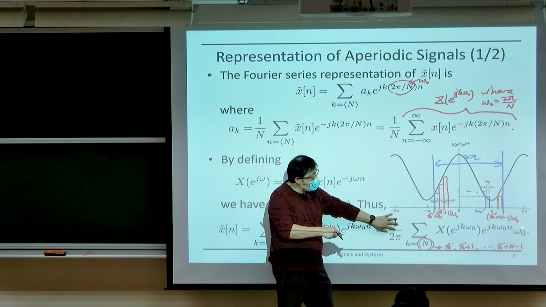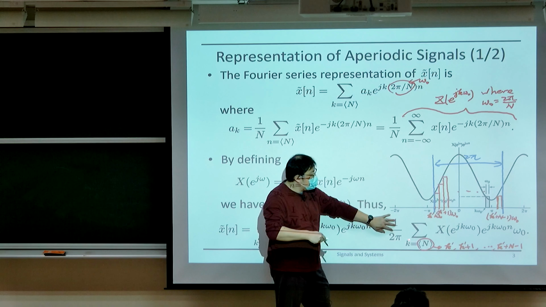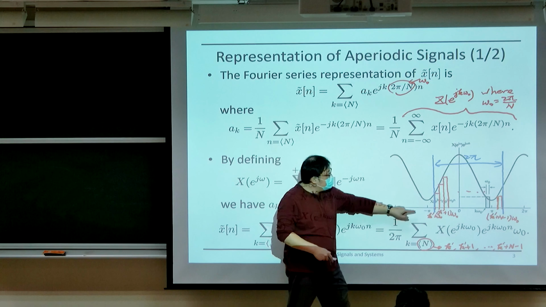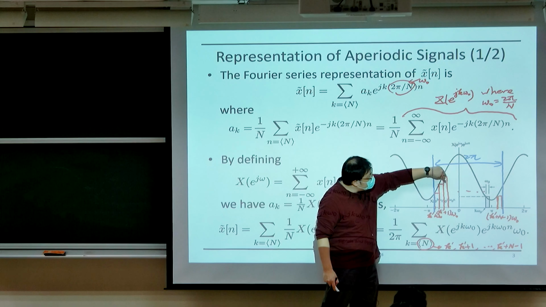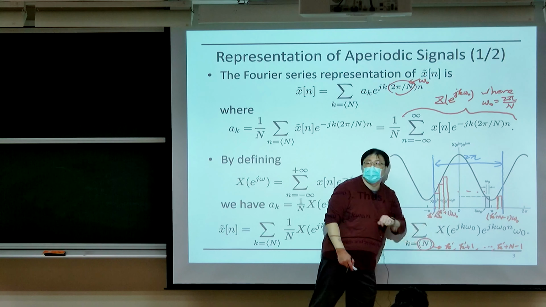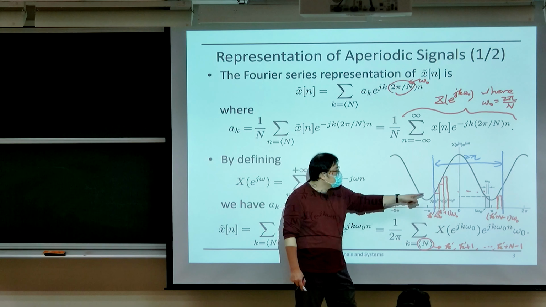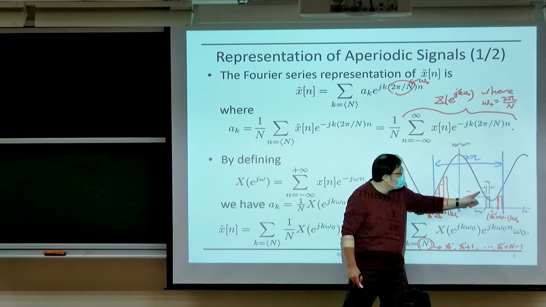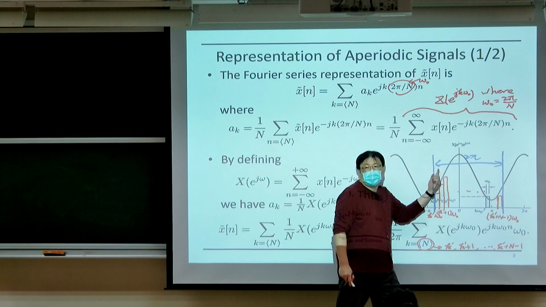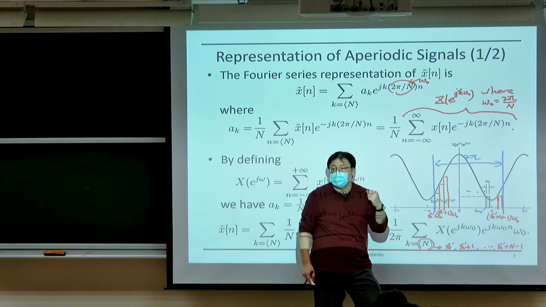So then what is this summation here? This summation is the sum of the areas of all these bars, which gives you an approximation of the integral of this function over a 2 pi range.